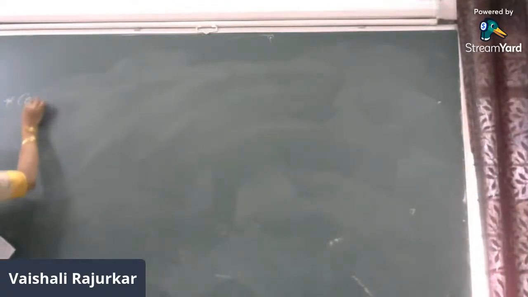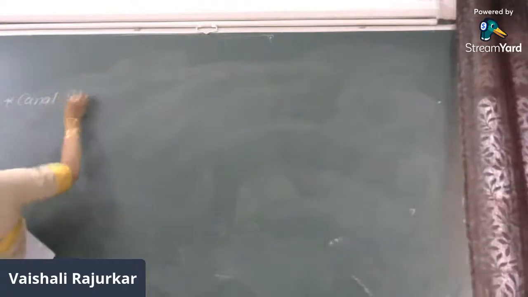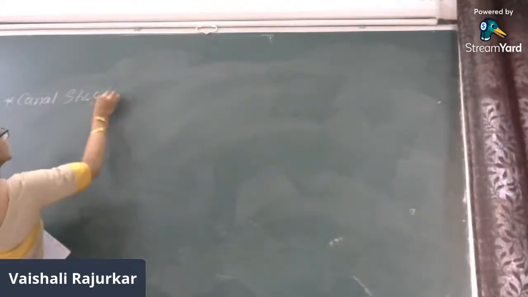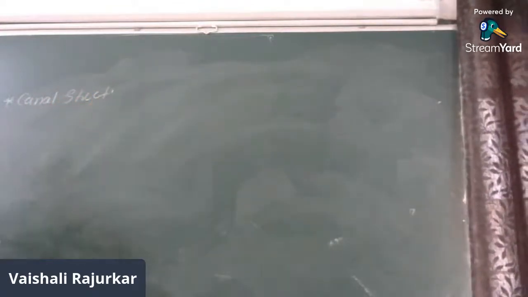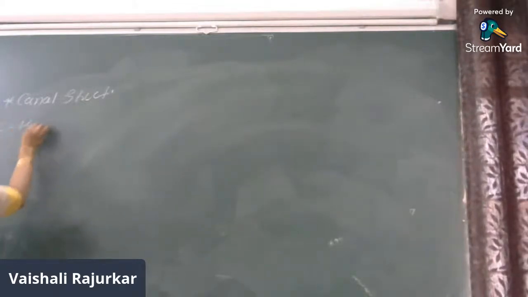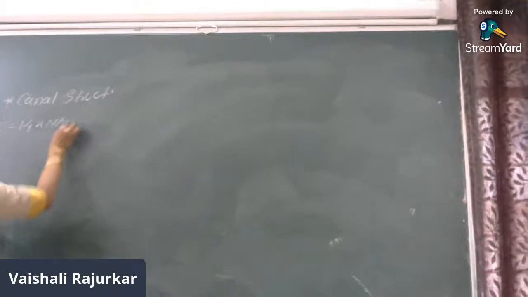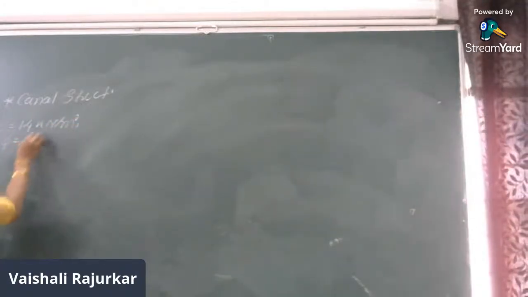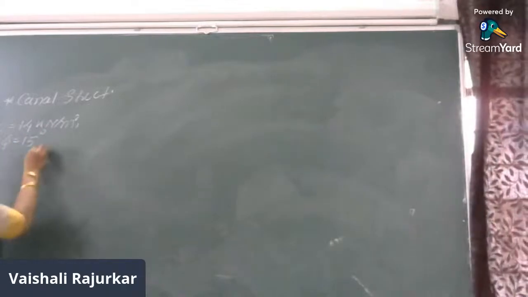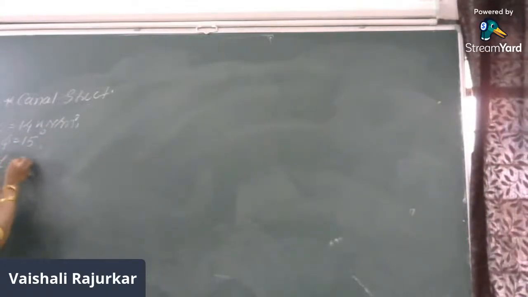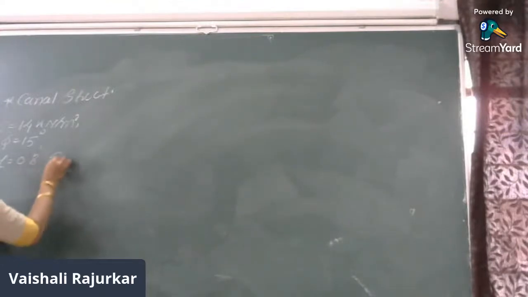Here, there is a canal structure, with properties: C is equal to 14 kilonewton per meter square, phi is 15 degrees, e is given as 0.8 and G is given as 2.7.